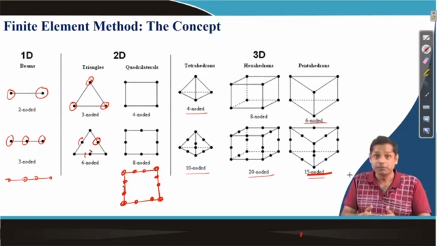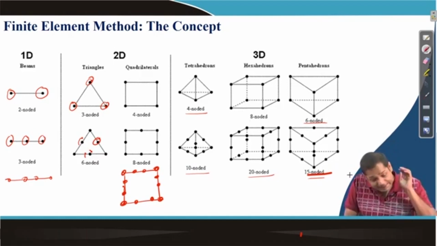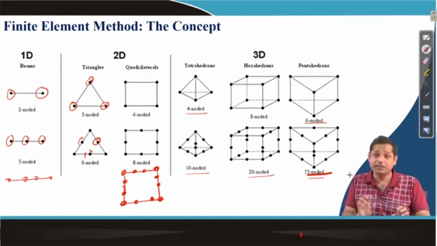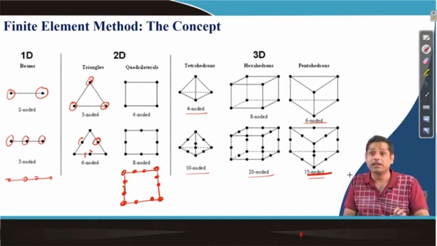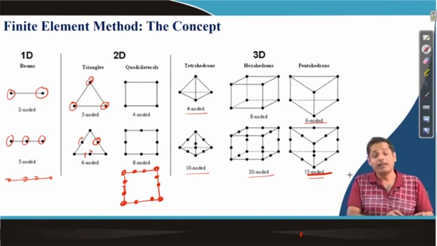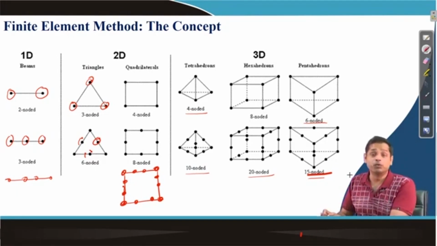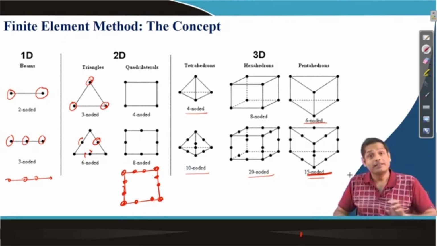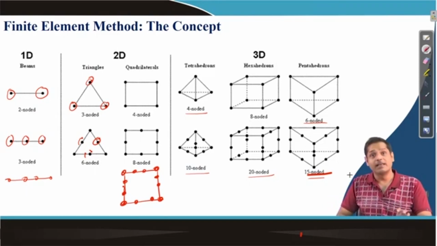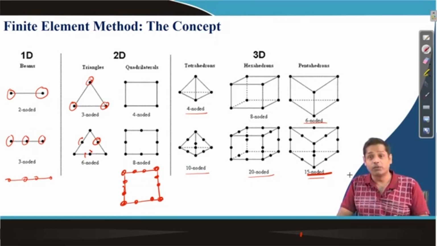So now these elements alone, these shapes cannot give you any information. Along with these shapes, at every node, these field variables need to be defined. For instance, the same quadrilateral element, the same shape element, we can use for a heat conduction problem, we can use for, say, a 2D elasticity problem. Shapes in both the cases are the same, say 4-noded quadrilateral or 8-noded quadrilateral.